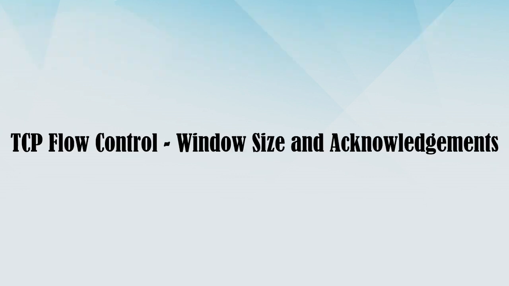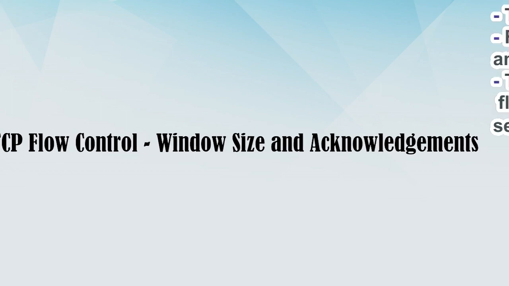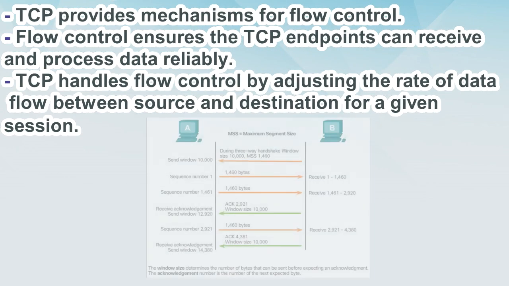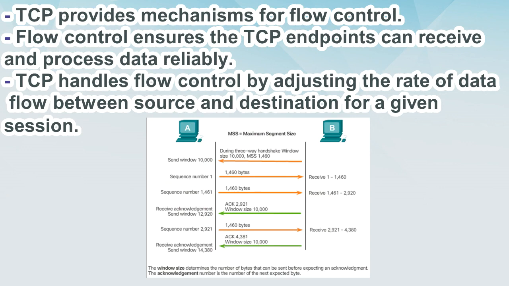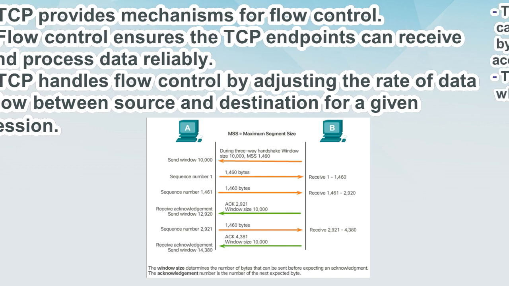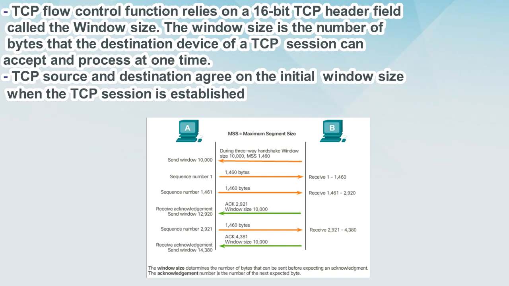TCP flow control, window size and acknowledgements. TCP provides mechanisms for flow control. Flow control ensures the TCP endpoints can receive and process data reliably. TCP handles flow control by adjusting the rate of data flow between source and destination for a given session. TCP flow control relies on a 16-bit TCP header field called the window size.